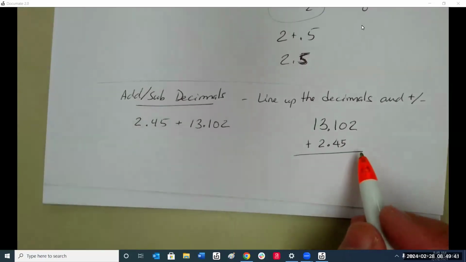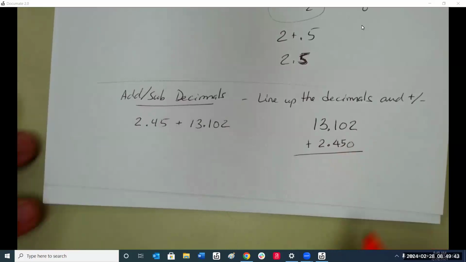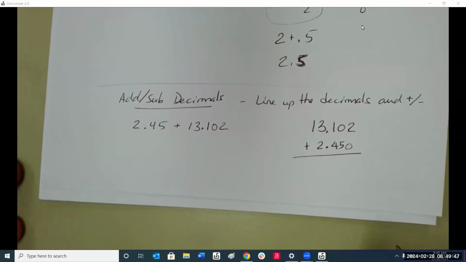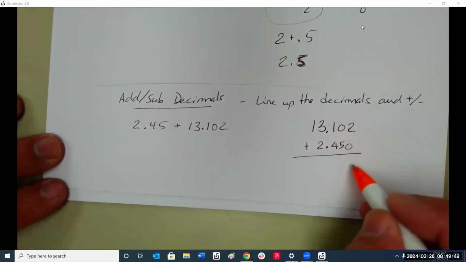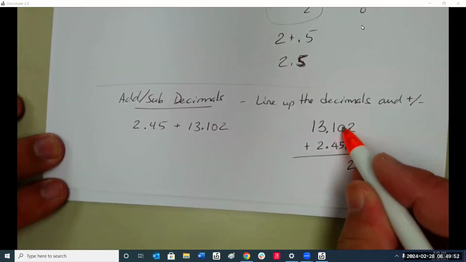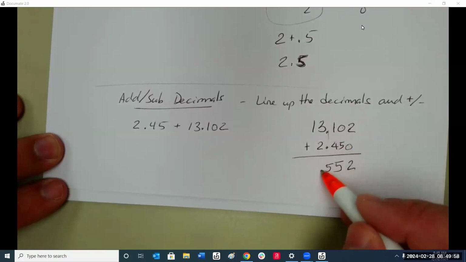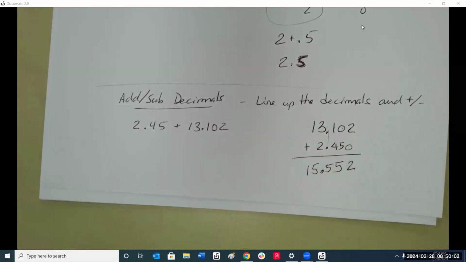If you're missing a number, that's when you put a 0 in there. And then you just add all the way up, straight up and down. 2 plus 0, 2. 0 plus 5, 5. 1 plus 4, the decimal. 3 plus 2, and 1.